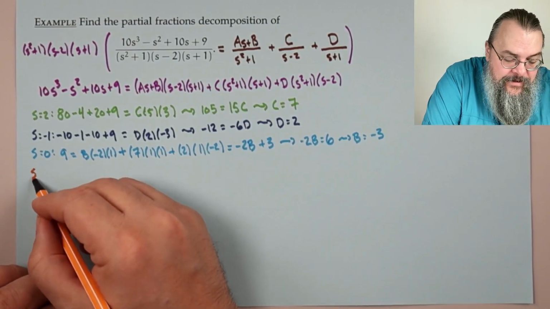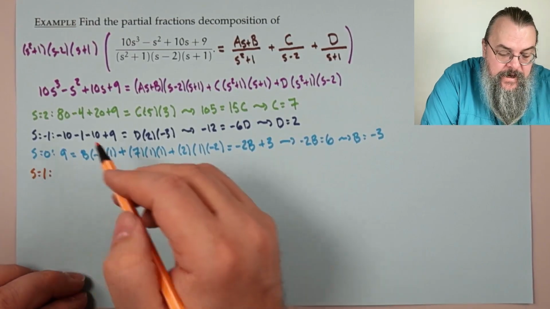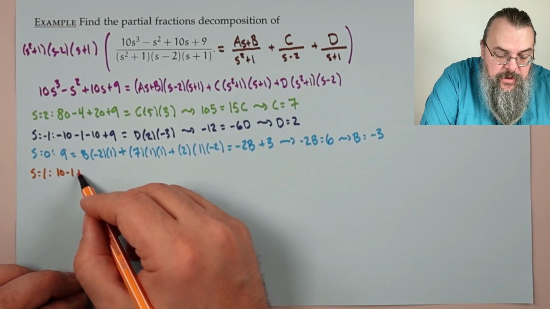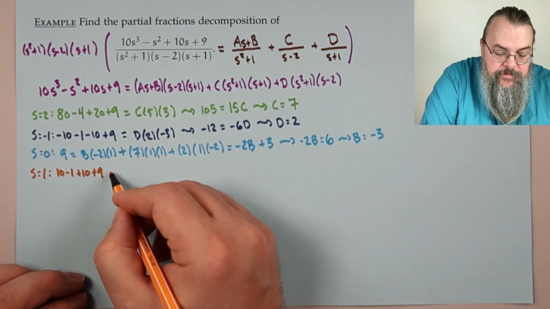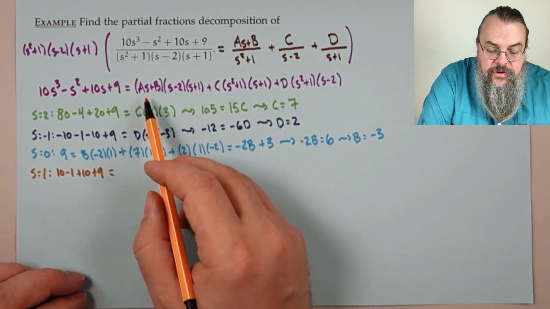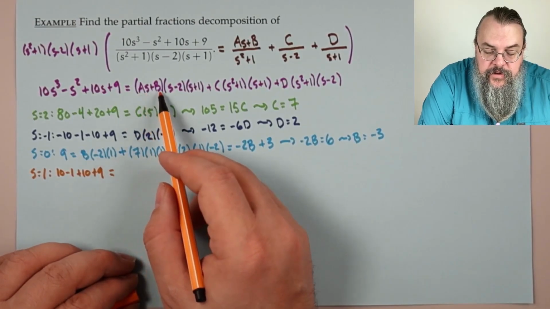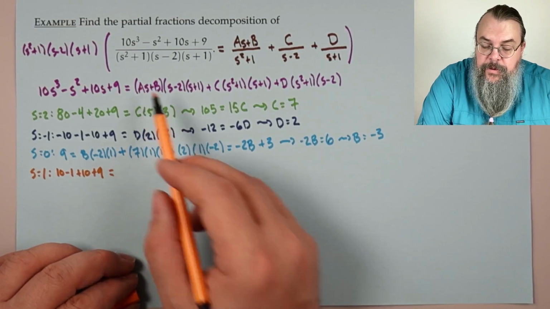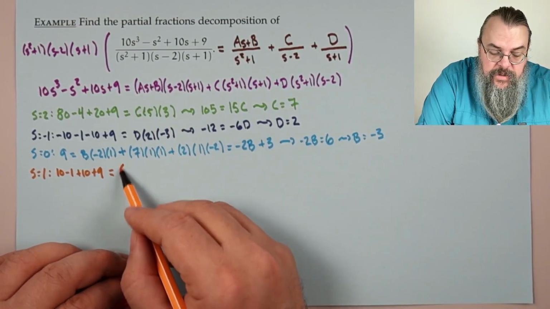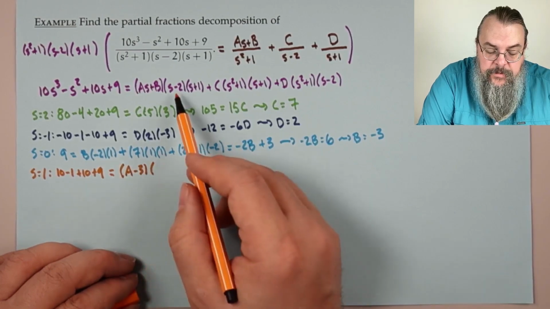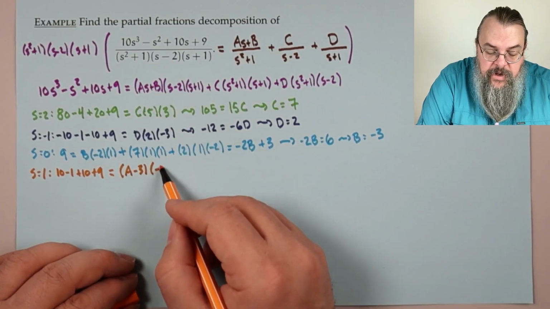All right, so S equals 1. All right, so we'll have 10 minus 1 plus 10 plus 9 equals, okay, over here, we're going to get A times 1 plus B. Well, we don't know what A is, but we do know B. So that's going to be A minus 3. And then we'll have 1 minus 2 is minus 1.